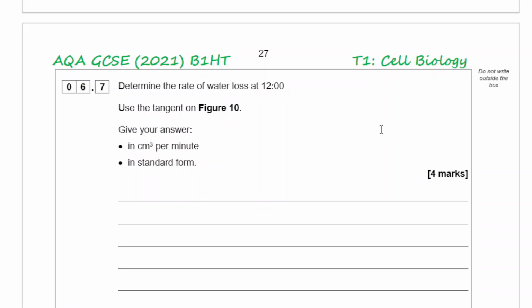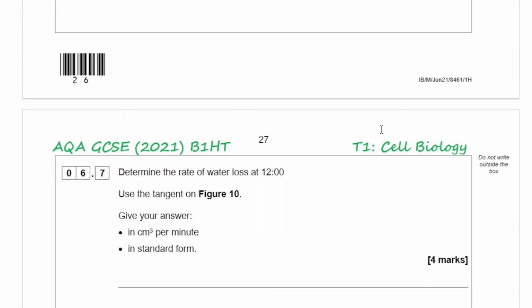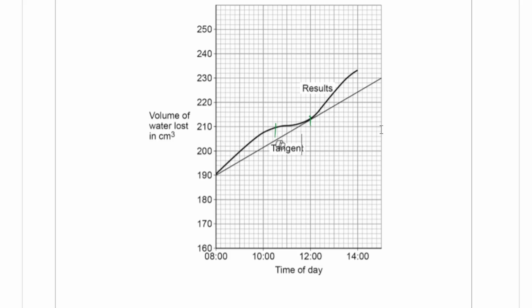So at 12 o'clock, they've already drawn the tangent. So I could do this. Let's see if this works.